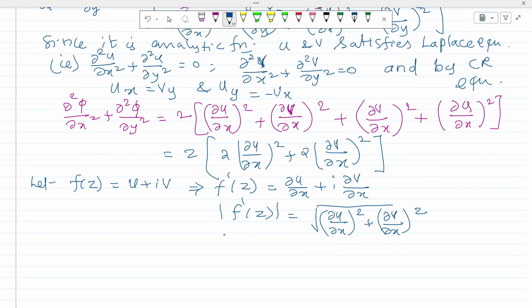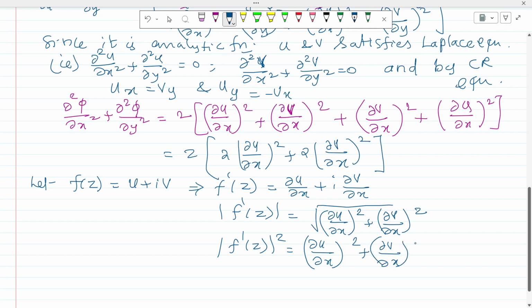Now, what is |f'(z)|²? |f'(z)|² = (∂u/∂x)² + (∂v/∂x)².